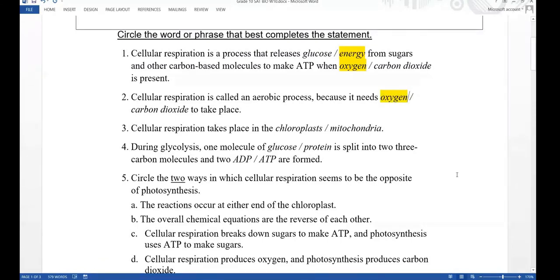Which is one of the anaerobic sub-processes of cellular respiration? Glycolysis, which takes place even without oxygen, in the cytoplasm. Very good. Number 3, cellular respiration takes place in the chloroplast or in the mitochondria? Mitochondria. Obviously, mitochondria.